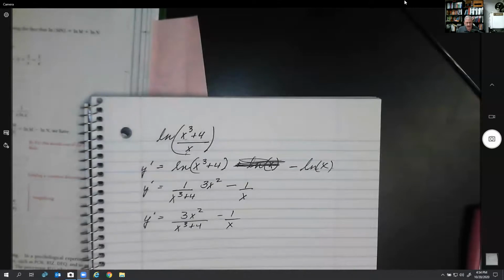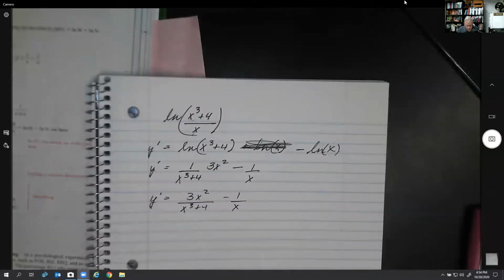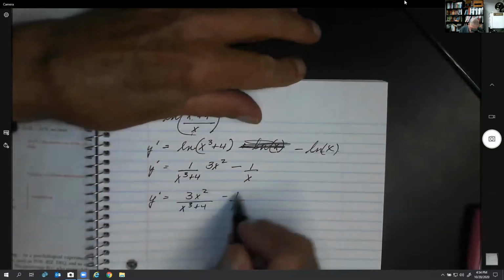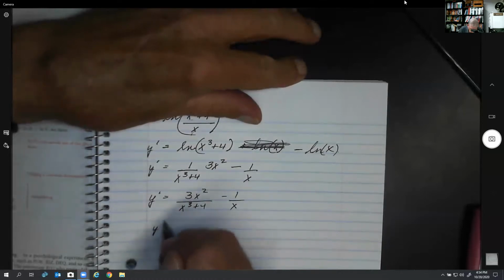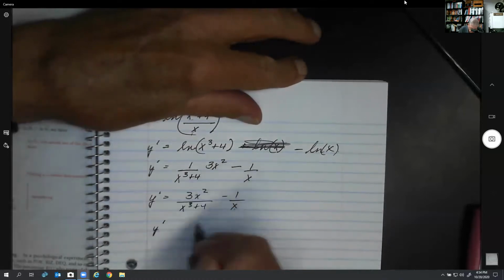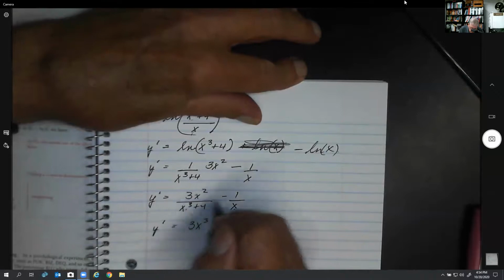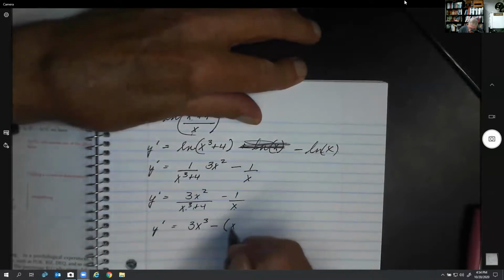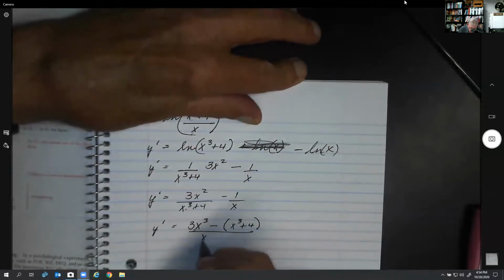So they tried to get a common denominator. One trick we can use is the crisscross applesauce. We can multiply x times 3x squared. That would be 3x to the third minus parentheses 1 times this, x cubed plus 4.